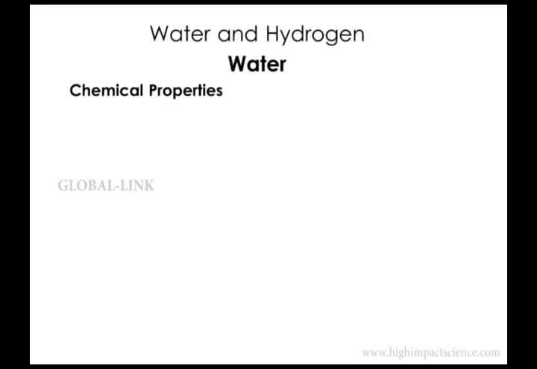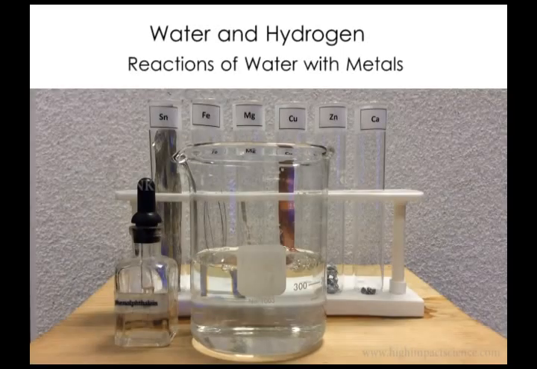Chemical properties of water. We start with reactions with metals. Now, different metals react at different rates with water. Let us compare the reactions of water with these metals: tin, iron, magnesium, copper, zinc, and calcium.